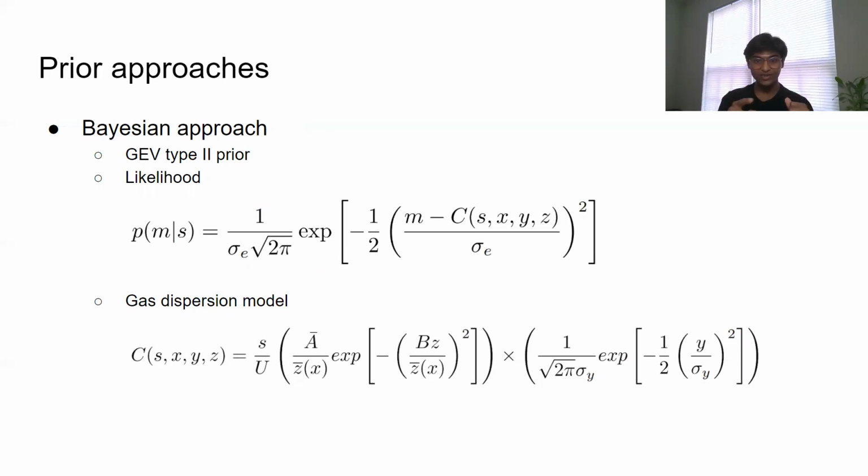Here, the function C is a gas dispersion model that can calculate the gas concentration at any given location when provided with the leak rate and the leak's location. The exponential function models the likelihood by measuring the similarity between a collected data sample and the simulated gas concentration at the same location where the data sample was collected.